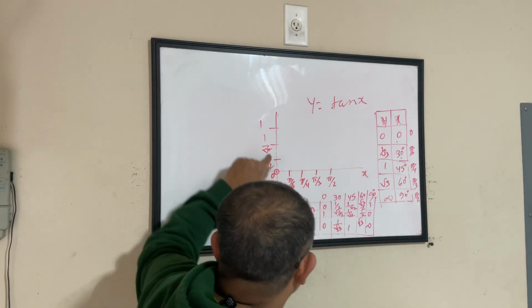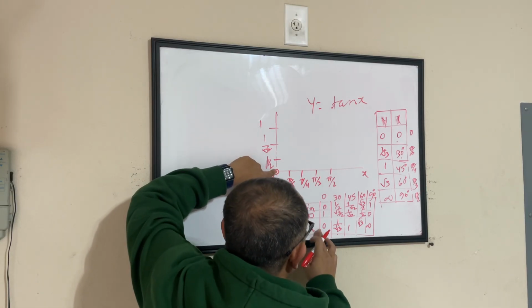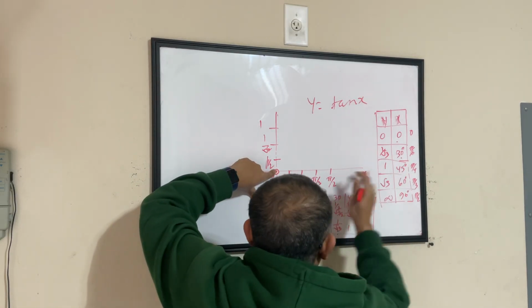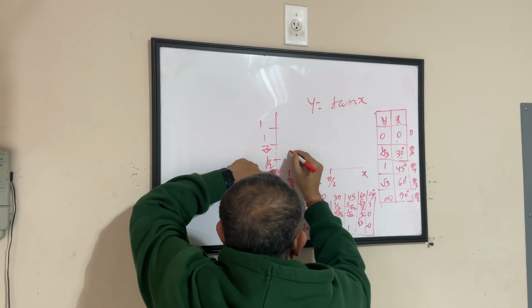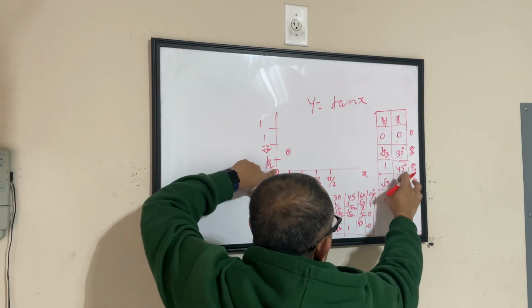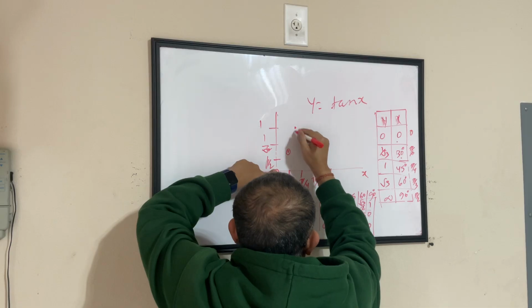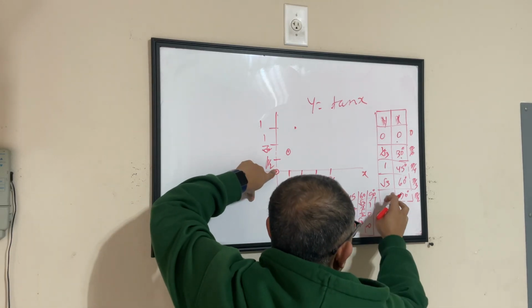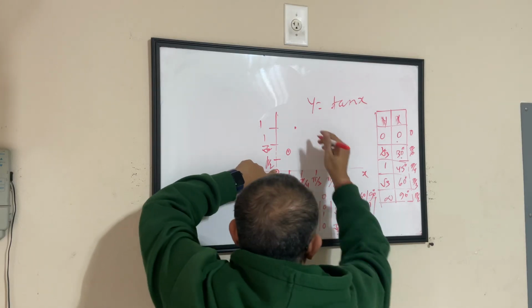So look at this. What's happening is, you are here. When it became 30 degree, maybe pi by 6, it became 1 by root 3. Maybe somewhere here. At 45 it became 1. So let's say, 1. 60 degree became root 3, more than 1.